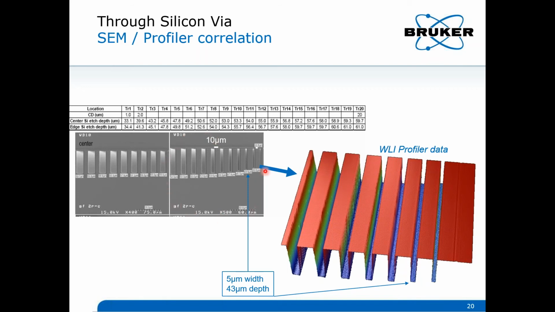So what you see here on the left is the cross section by SEM of the same structure you see measured by white light interferometer profilers, and you see the trench and via here and here are properly measured and seen with a depth of 43 microns and 5 microns width, which is almost a 1 to 10 ratio.